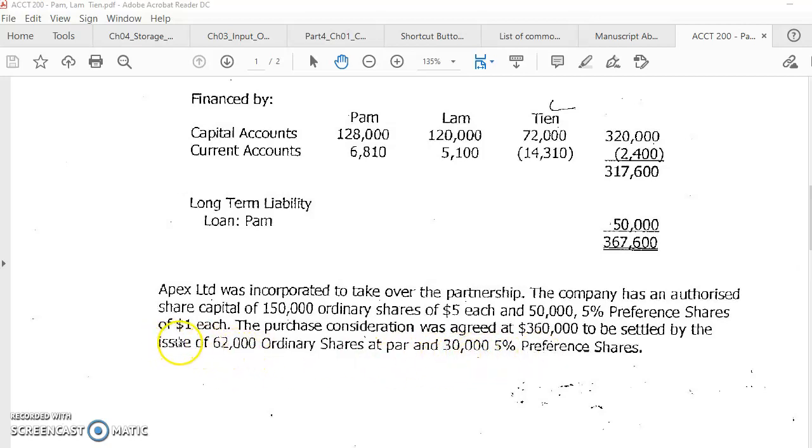But we know for sure that the par for a preference share is $1. So there's a possibility that these shares are being issued above par, which will be at a premium. But whatever they're being issued at, the value of these 62,000 ordinary shares and the value of the preference shares along with the premium will bring us to the $360,000 as the purchase price for this firm.